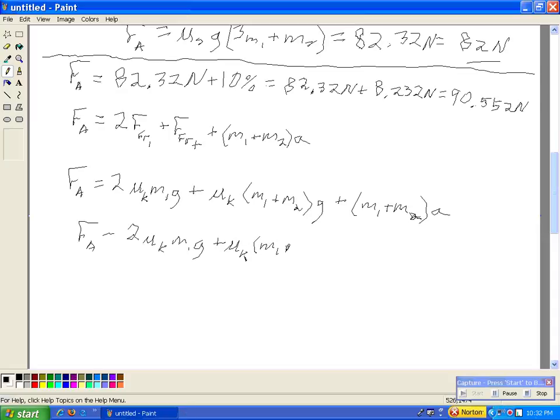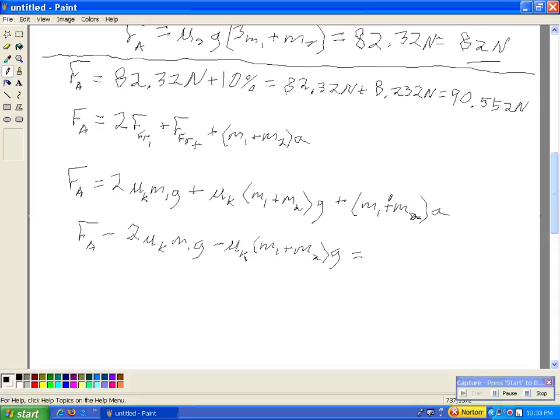Okay. So that equals, let's pay attention to what we're doing. We just moved them to the other side of the equation, so they're negative now.